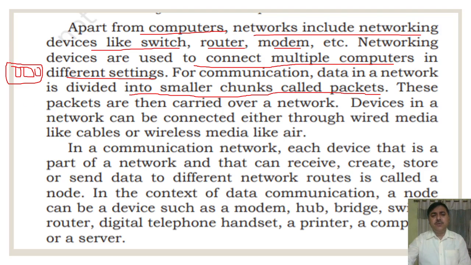So there are different types of devices. We have wired media and wireless media. Wired media means we use a cable for connection, and we also have wireless media. Suppose you are taking a net connection from your local service center in your area.